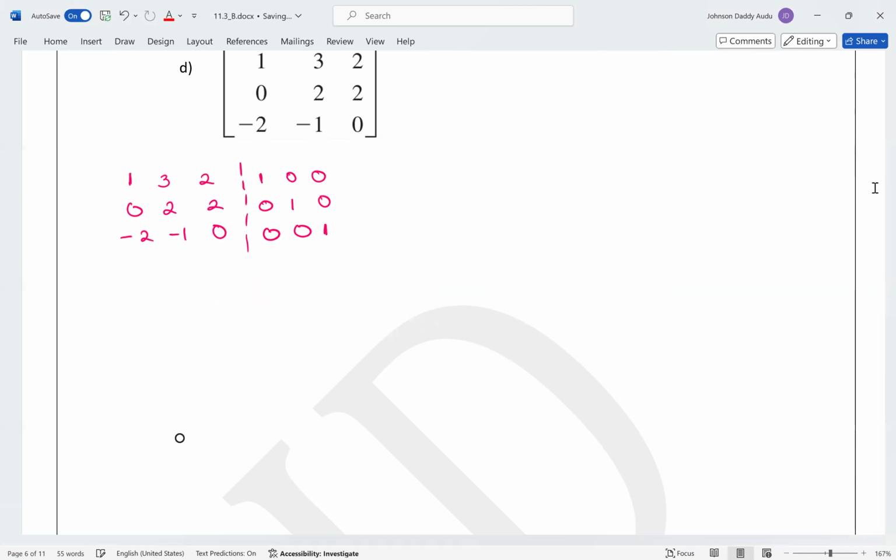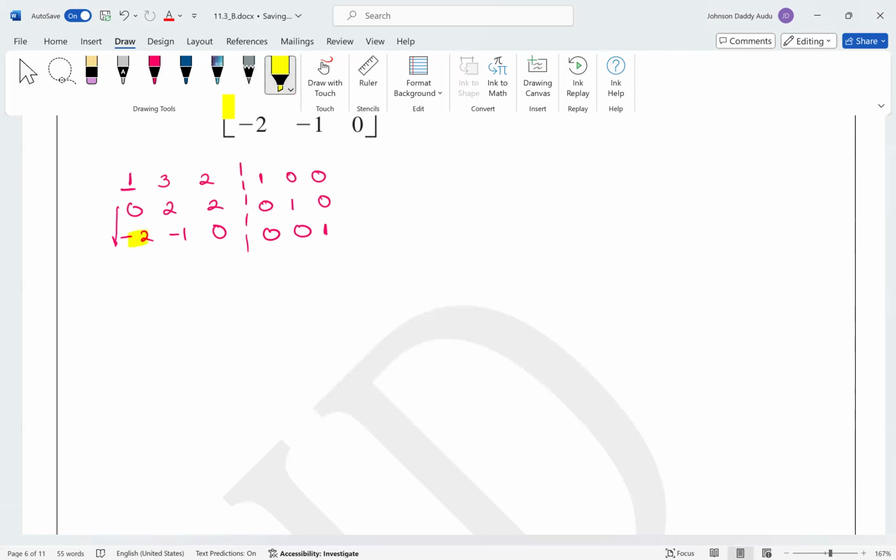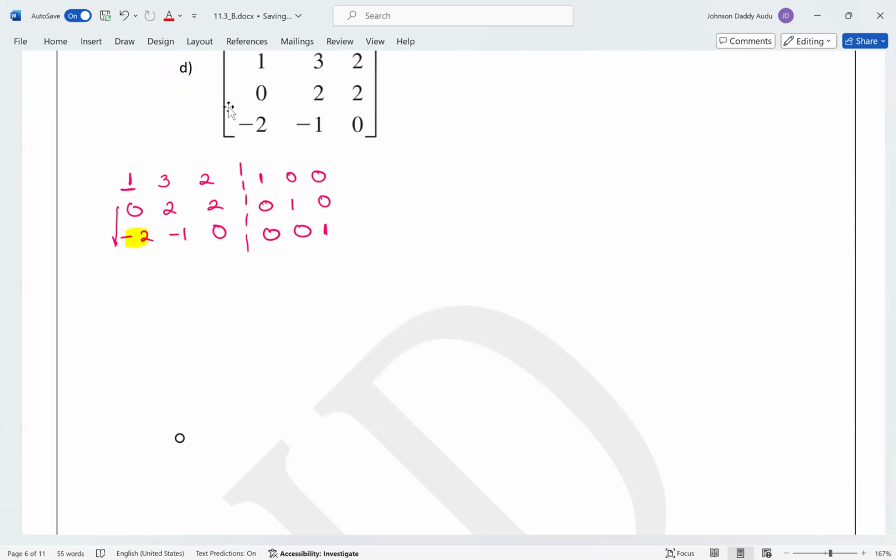So how do we do row operations? We know what it is. Here is already 1, so this has to go to 0, but you see this one is already 0. So we just need to take this one to 0. This has to go to 0 now. It has to go to 0.